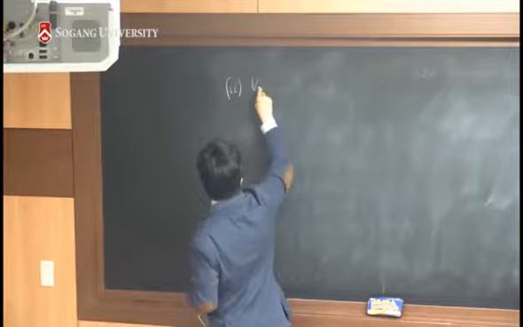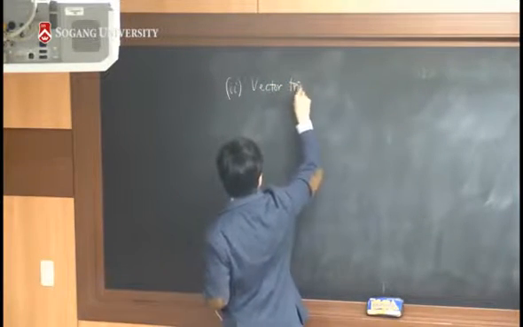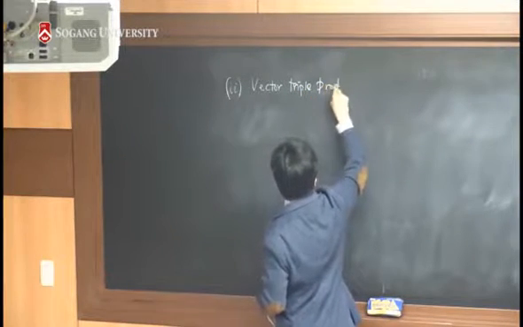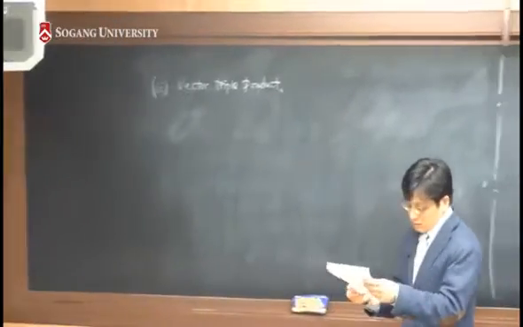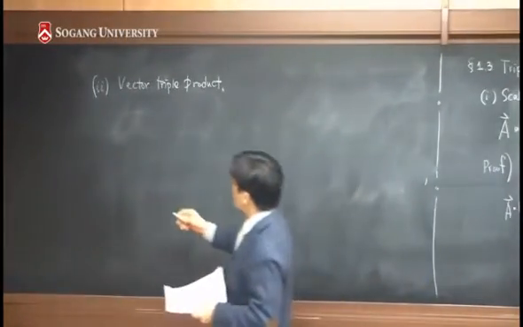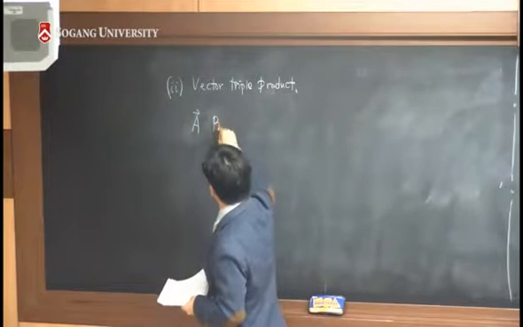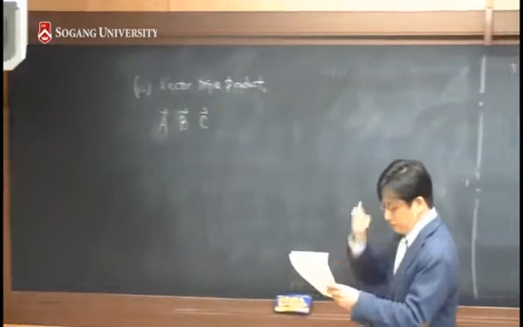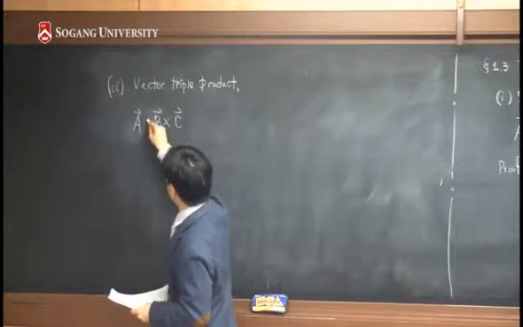So if you have three vectors A, B, and C, what we will see is the cross product of this and this.